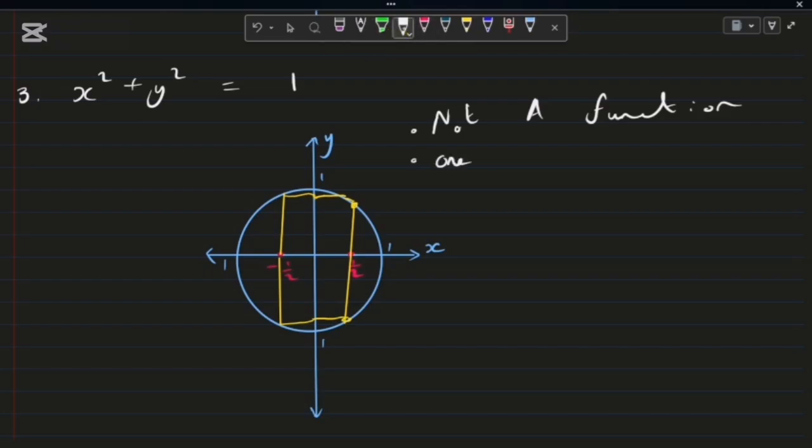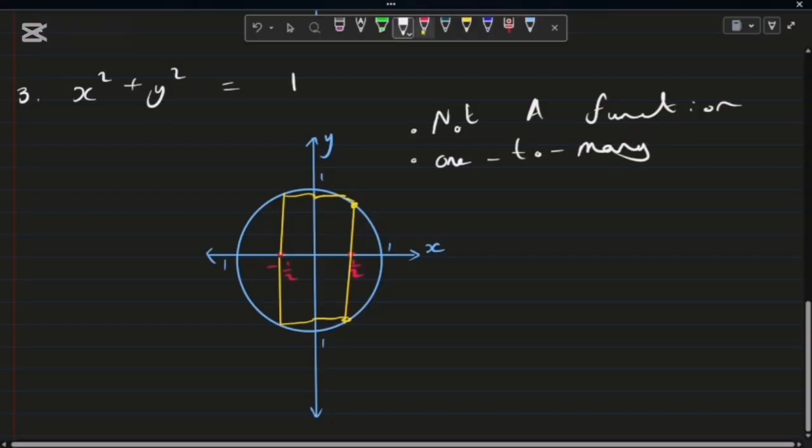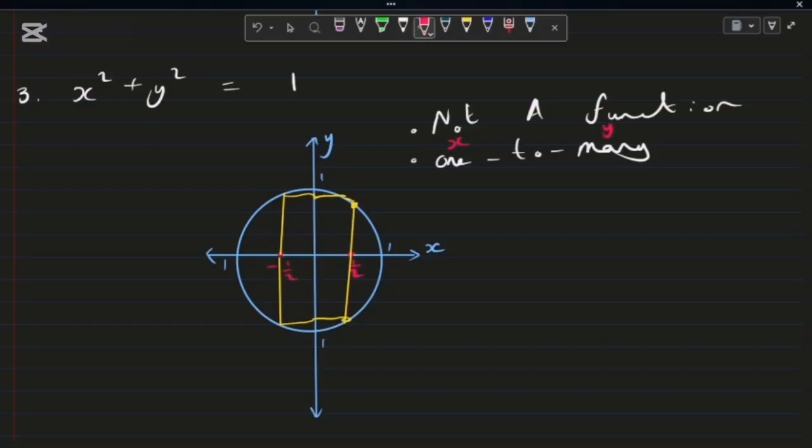One x value is associated with many y values. This is the x, and that one is the y. So it's one to many. Now we know that if the relationship is one to many, then it's not a function.